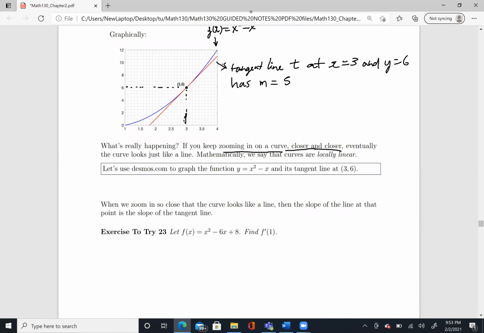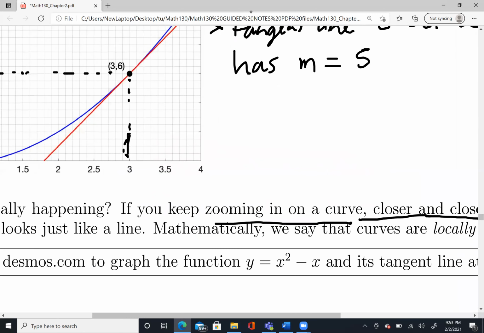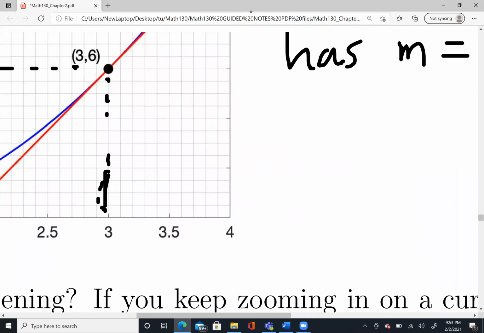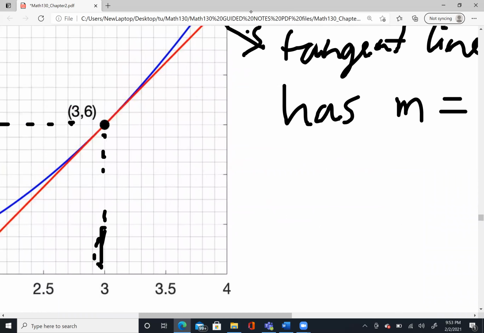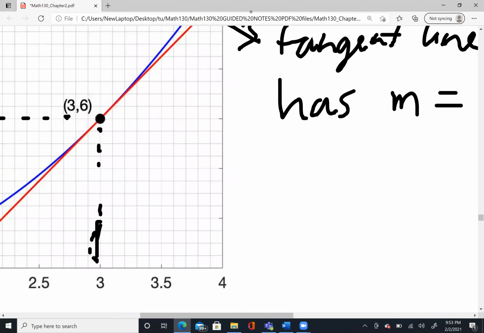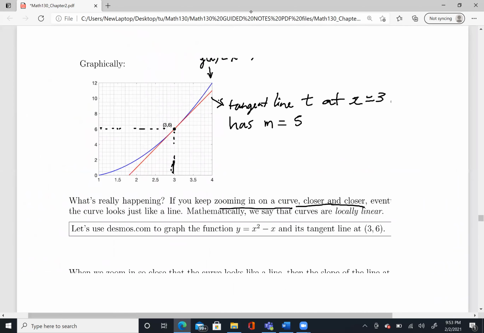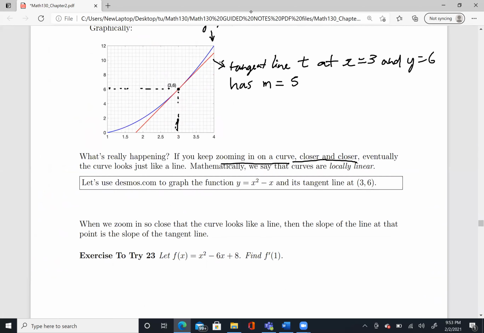If you zoom in closer and closer like this, at the point 3, 6 over there, it looks exactly like a line, right? That's the reason why. But after that, it's not going to be linear.